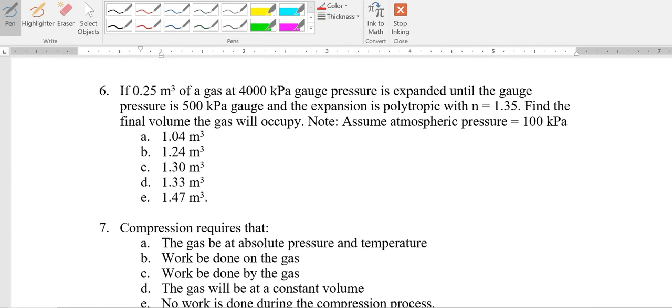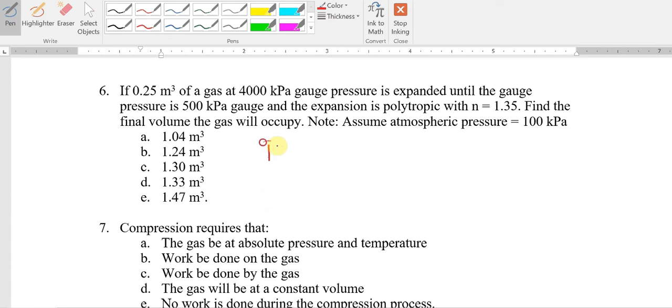All right. If 0.25 meters cubed of a gas at 4,000 kPa gauge pressure is expanded until the gauge pressure is 500 kPa, expansion is polytropic with N equals 1.35. Find the final volume of the gas.